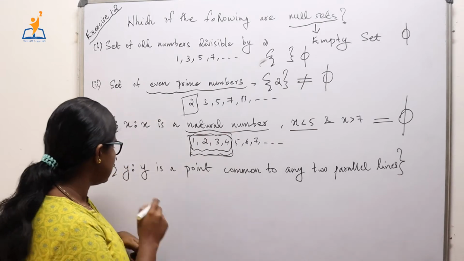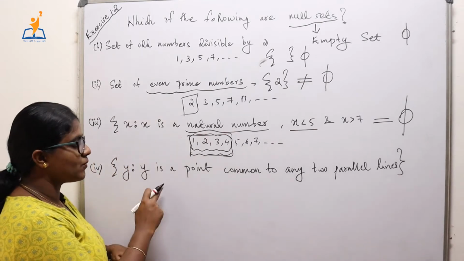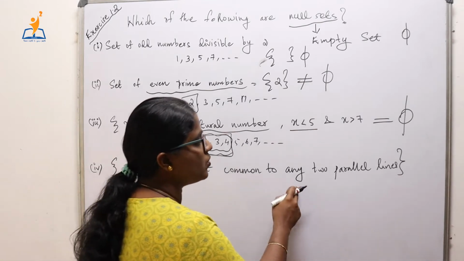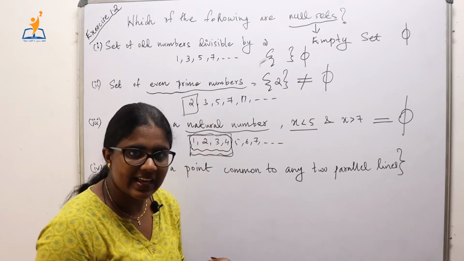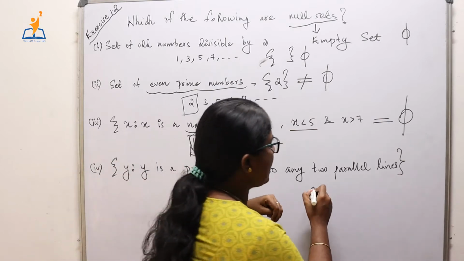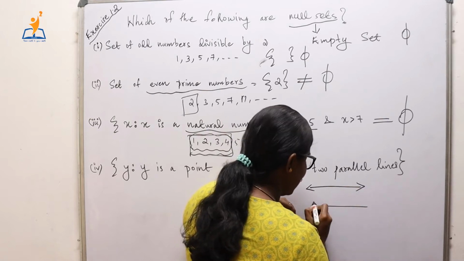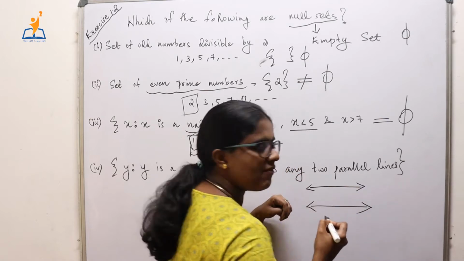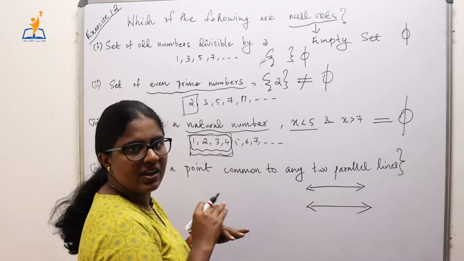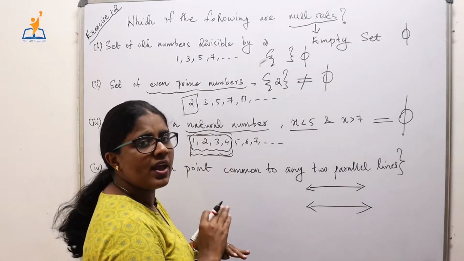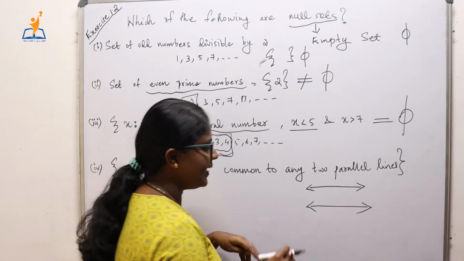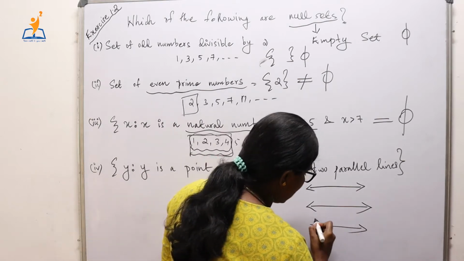Now the next question: set of all y such that y is a point common to any two parallel lines. What are parallel lines? Parallel lines are lines which will never intersect. They will not meet each other, or they don't have a common point of intersection. So these are parallel lines.